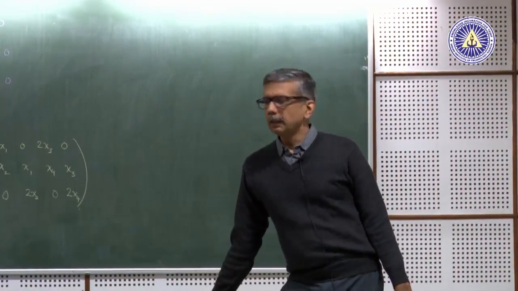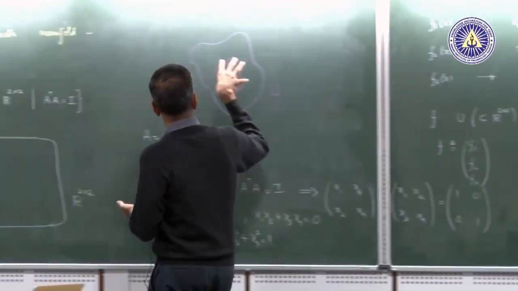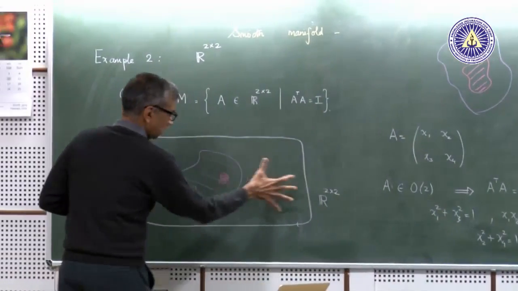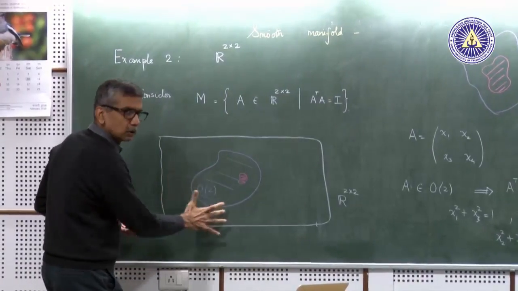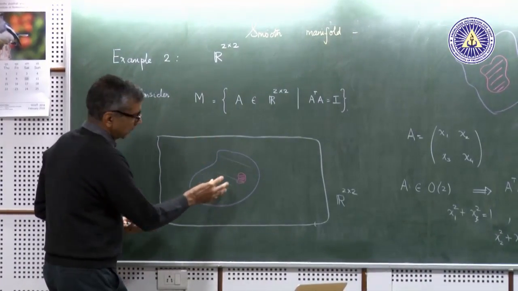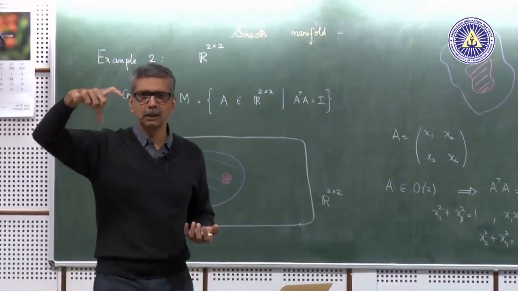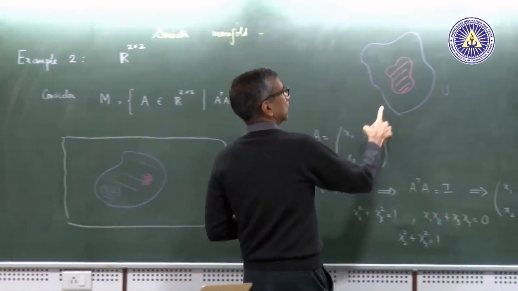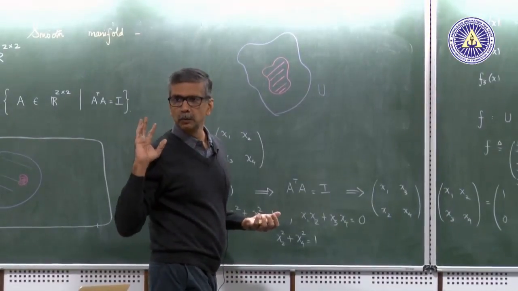Now let us come to our figure. This was a small set sitting in 2 by 2 matrices, the orthogonal matrices. In that I took a small patch, just like I took that small portion of the circle. That small patch I covered with some open set of R2 by 2.